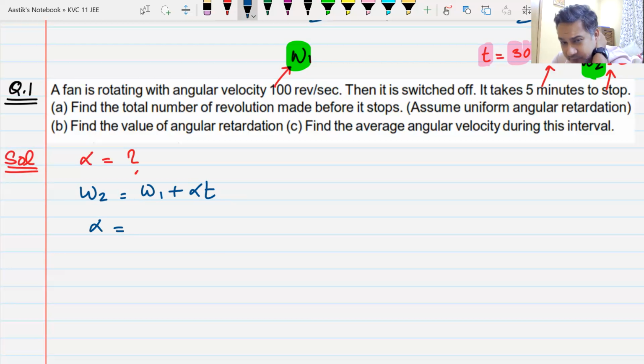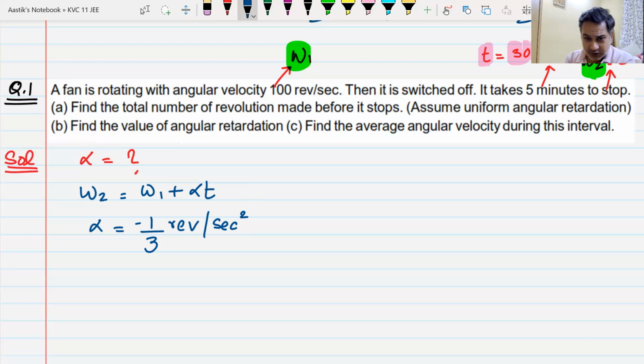Alpha will come negative because it is in the opposite direction. What is the value of alpha you are getting? It will be 100 divided by 300, so minus 1 by 3 revolutions per second square. Yes or no?